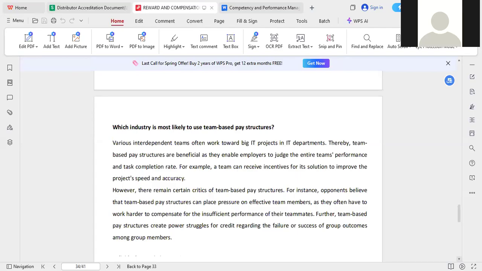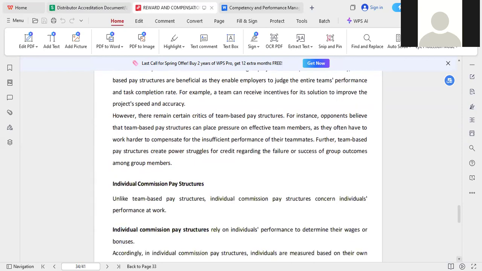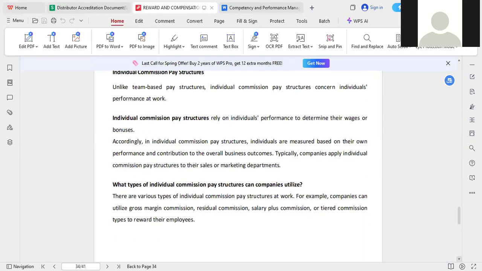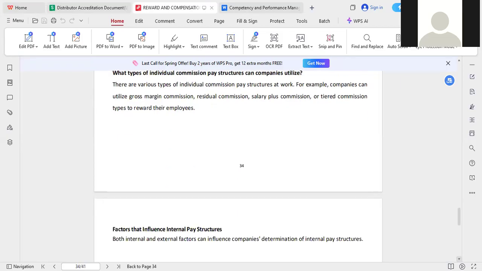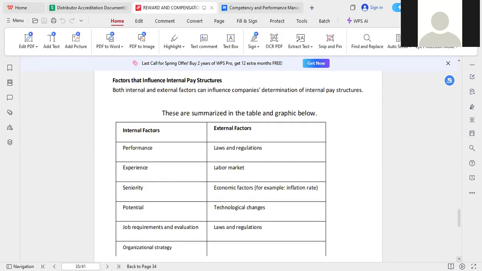Various interdependent teams often work towards big IT projects in the IT department. Thereby, team-based pay structures are beneficial as they enable employers to judge the entire team's performance. Okay, so more like teamwork, and they are considered based on what they have been able to do so far as a team. So we have individual commission structures and team-based commission structures.